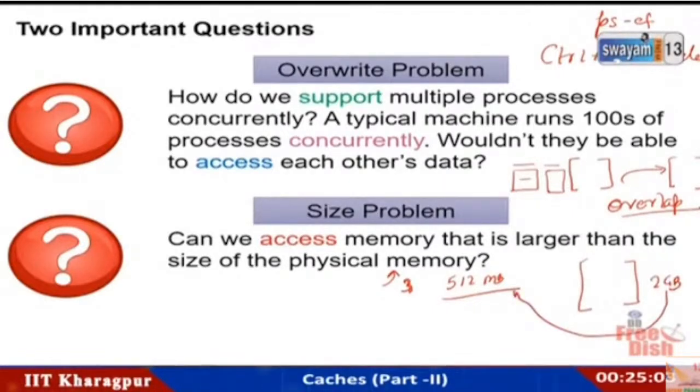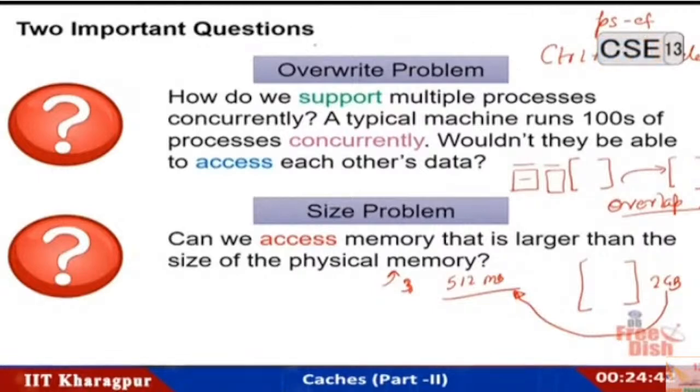How will such a process run with so little main memory, which is half a GB? So can we not run such processes? That would be really sad, in the sense that we are limited by our resources, and even if we exceed them by a little bit, we will still not be able to run them. So this is the size problem.